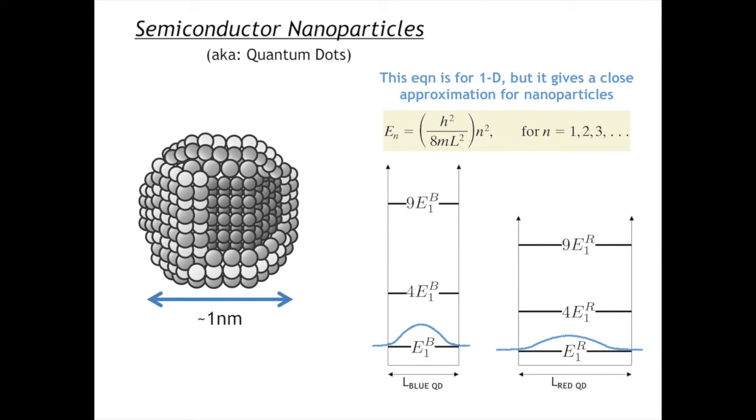Right? This is kind of an aside, but I just think it's interesting that this equation is also an approximation for quantum dots or nanoparticles, right? So my PhD work, part of it was on making nanoparticles, which meant that the diameter of your sphere, the size of your particle, was somewhere on the order of a nanometer, and so you could actually count how many atoms are in there.